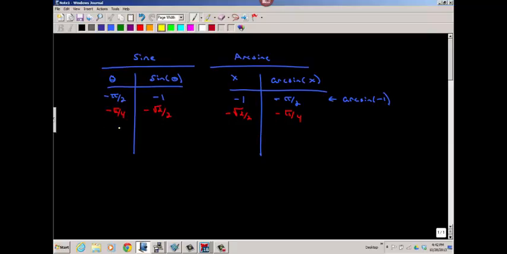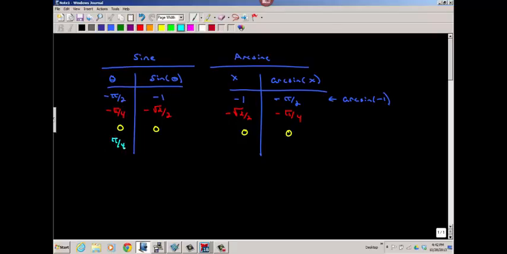Let's continue. If the angle is 0, the height value is 0. So if you input 0, this says what angle has a height value of 0, and that's 0 radians. Let's try pi/4. I guess I will do the whole table for you.